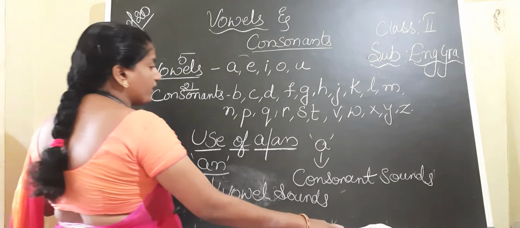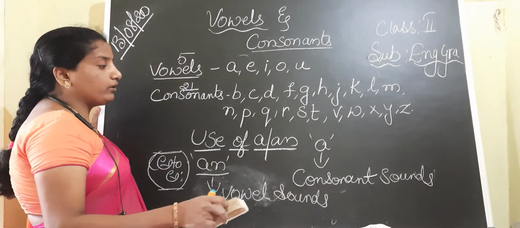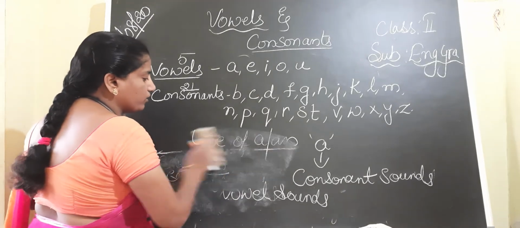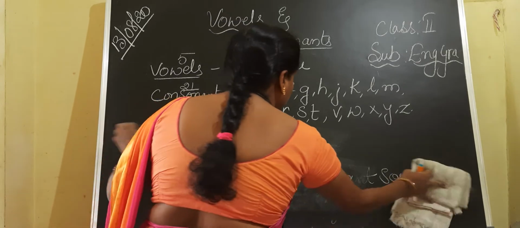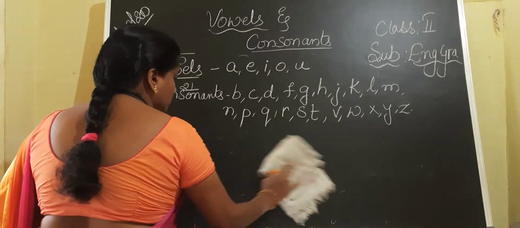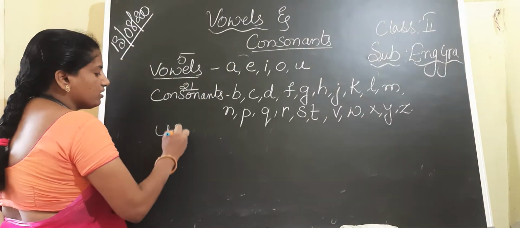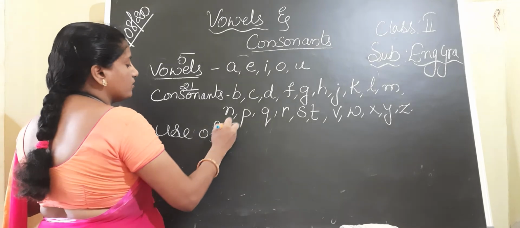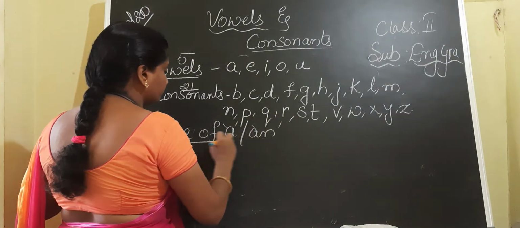Suppose I write a few words related to vowel sounds or consonant sounds. Let us check a few examples. What we are discussing here is the use of A or AN.